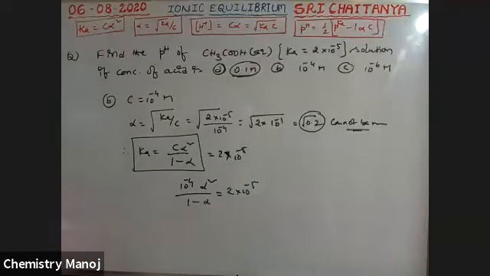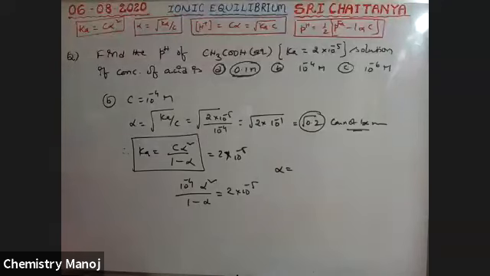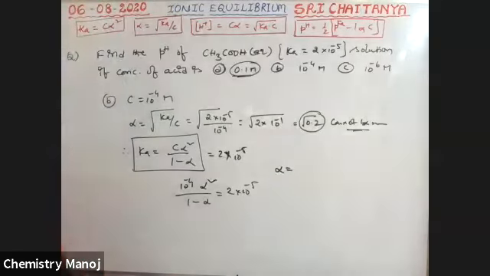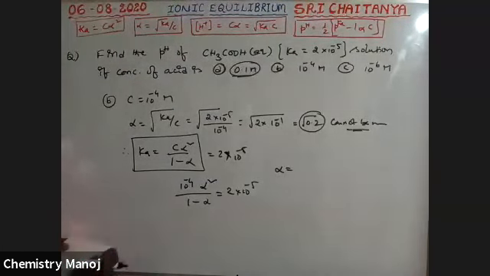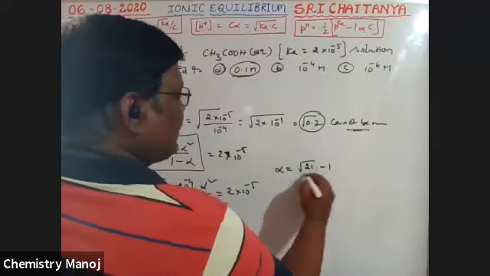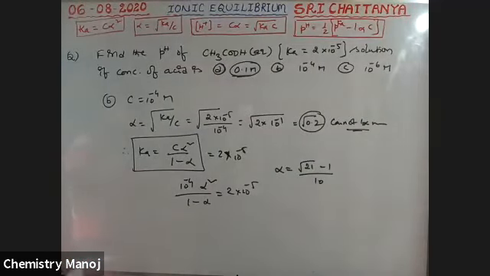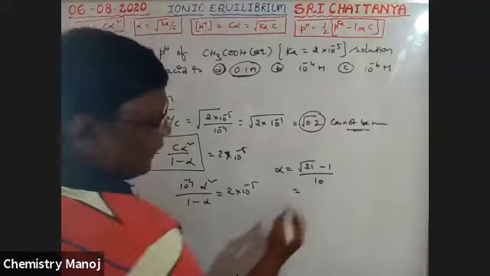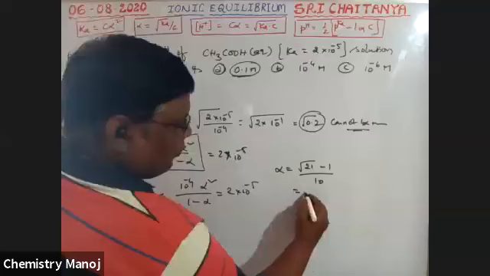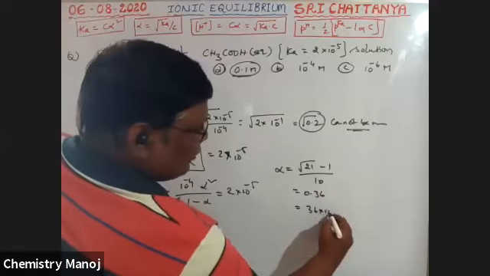Finally after calculation, alpha is equal to root 21 minus 1 by 10. Therefore, finally we get alpha is equal to 0.36, which is equal to 36 into 10 power minus 2.